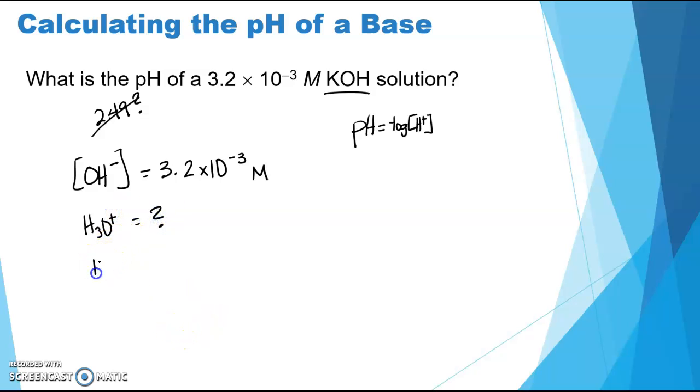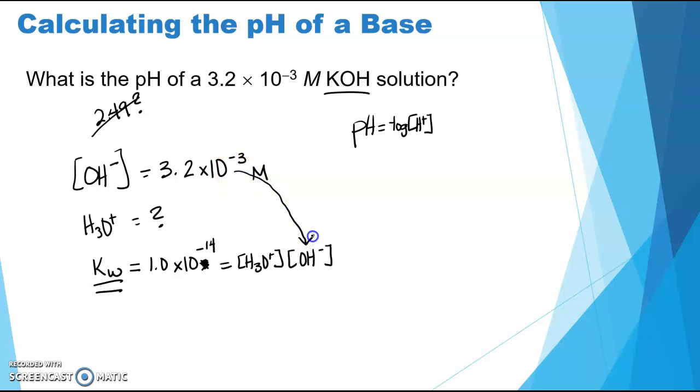So you remember Kw, we're going to use the equilibrium constant. Remember, the equilibrium constant for water, which is 1.0 times 10 to the negative 14, is equal to the hydronium ion concentration times the hydroxide ion concentration. Well, if I know one of those, then I can solve for the other.